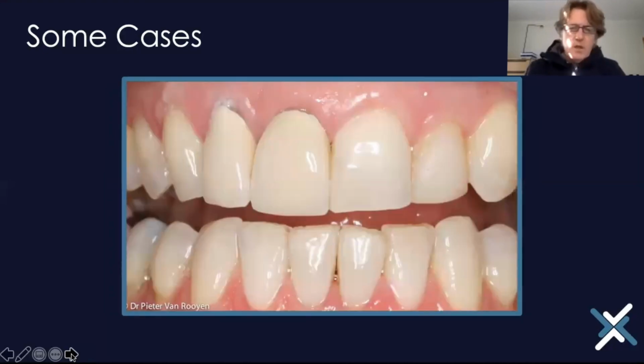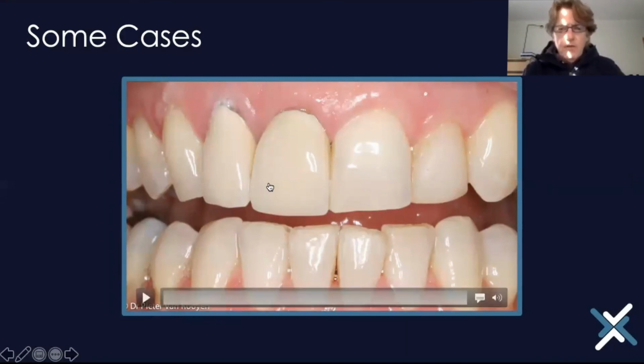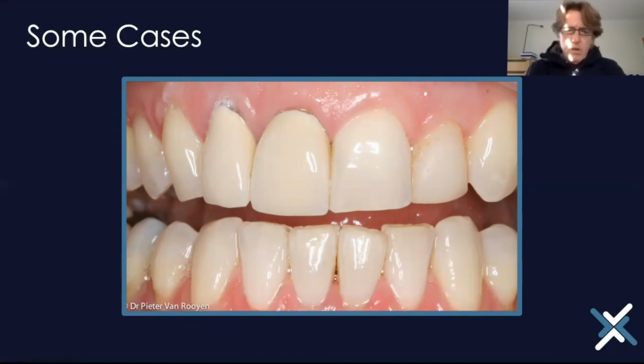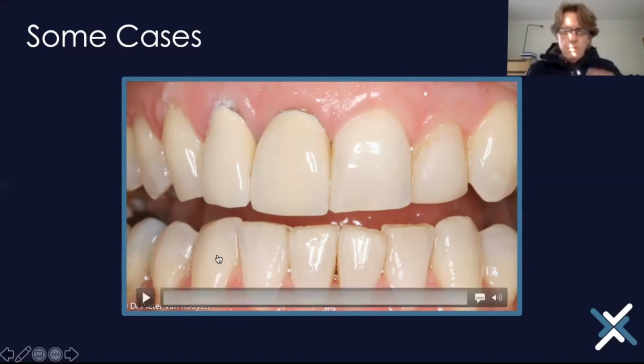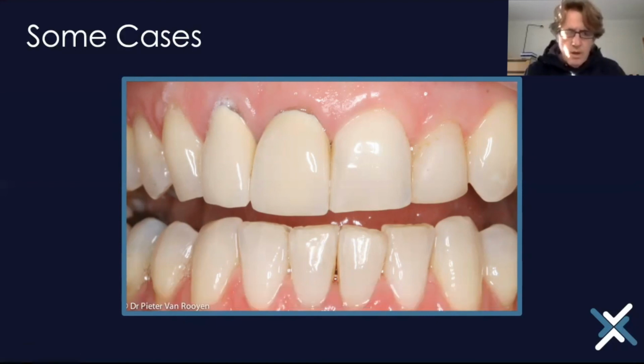This is an interesting case that came my way. A lady came from overseas, had a VMK crown here, had a VMK crown over here, and a composite overlay or veneer of sorts onto the lateral over there. When you have a look at these preps now, remember they were under a VMK, so I had to work with what I inherited.